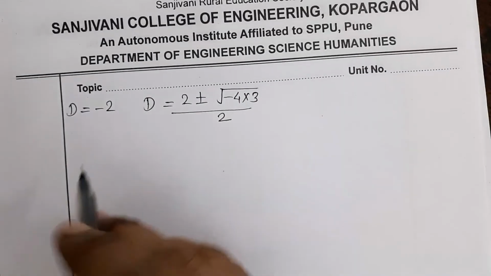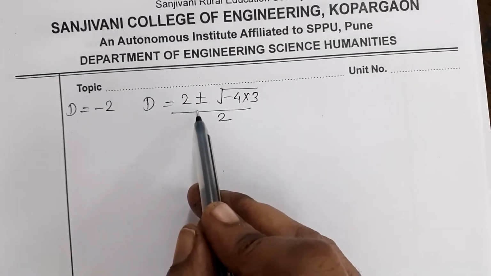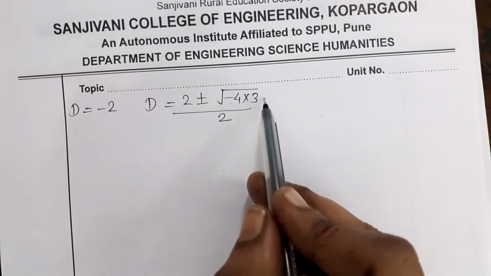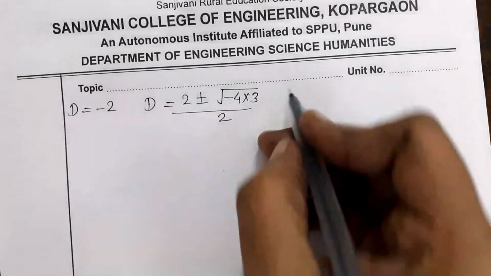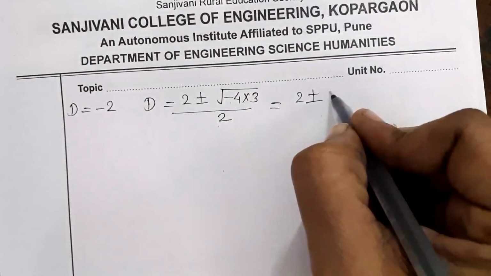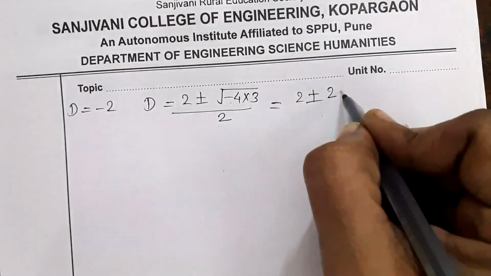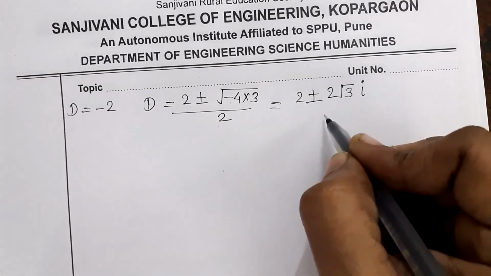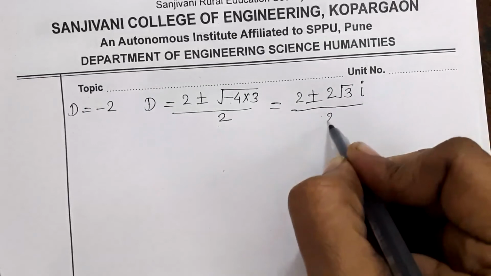So we get D is equal to minus 2 and D is equal to 2 plus minus square root of minus 12, which can be written as minus 4 into 3, divided by 2. Now this is 2 plus minus square root of 4 is 2, and square root of 3 as it is, and root of minus 1 is i, divided by 2.